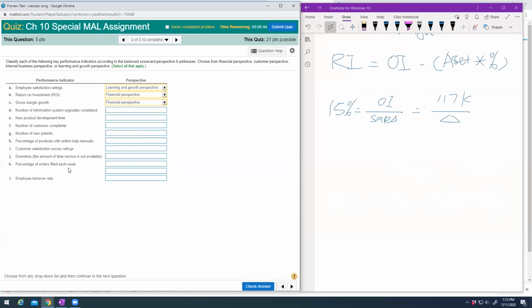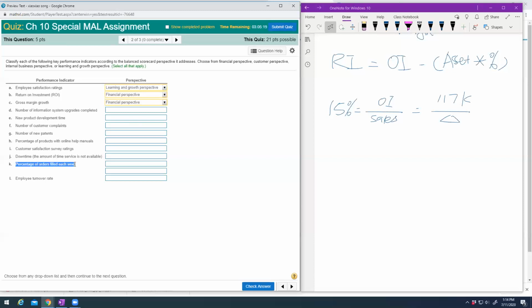Same with this one: process, percentage of orders filled each week. I'm not sure. I think you need to look at the textbook to get the perspective. I don't really like it. I promise you in the exam you just have one perspective. So read the textbook, get the 4 perspectives, and that's it.